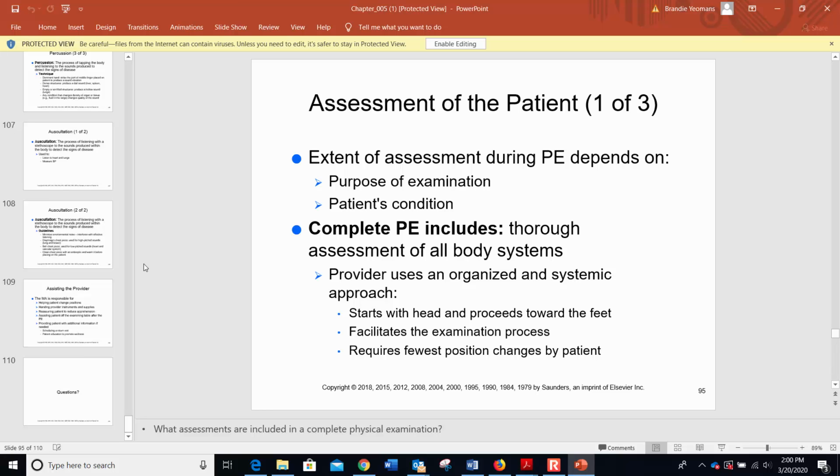But your exam room needs to be kept in a clean and organized fashion, but you also need to have things very accessible to you. You need to be able to face your patient and talk to them and not at them, and you want the physician to have that same opportunity as well.